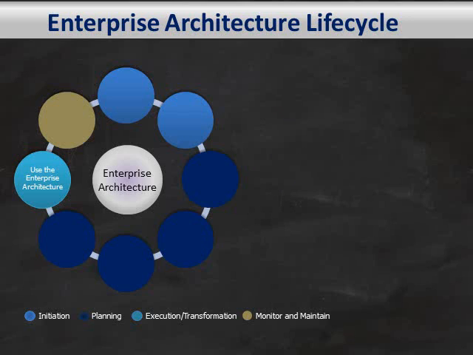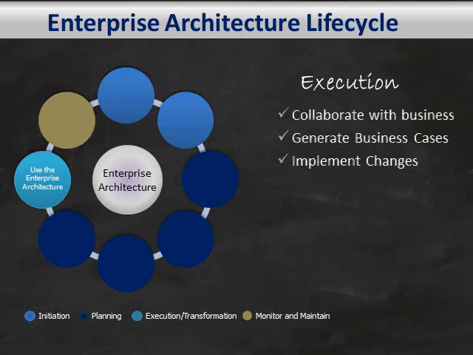In the next phase, the execution phase, the enterprise architecture leader and team collaborate with the business and the Information Technology Program Management Office and the Information Technology Organization to determine what changes need to be executed and the priority of these changes. These changes need to be synchronized with in-flight projects, the information technology operations, and future projects and changes.